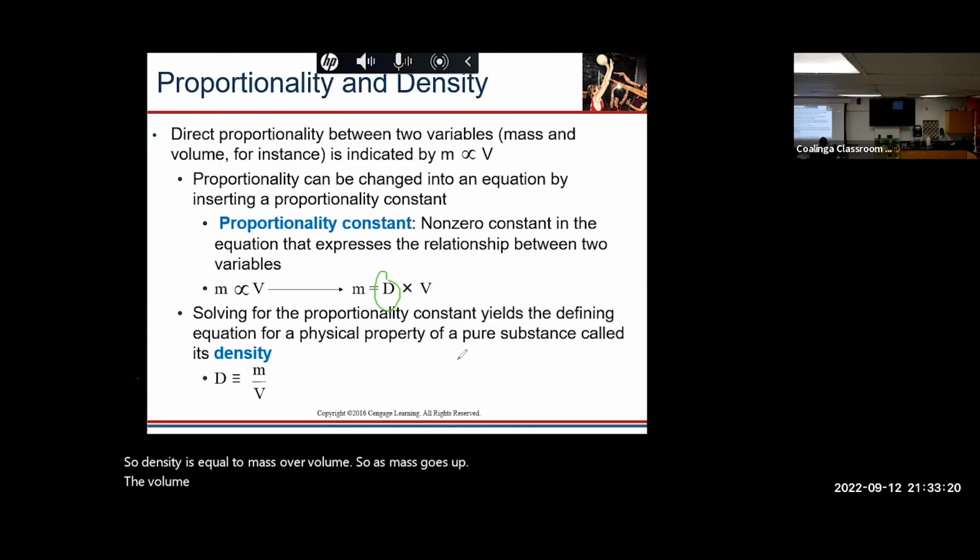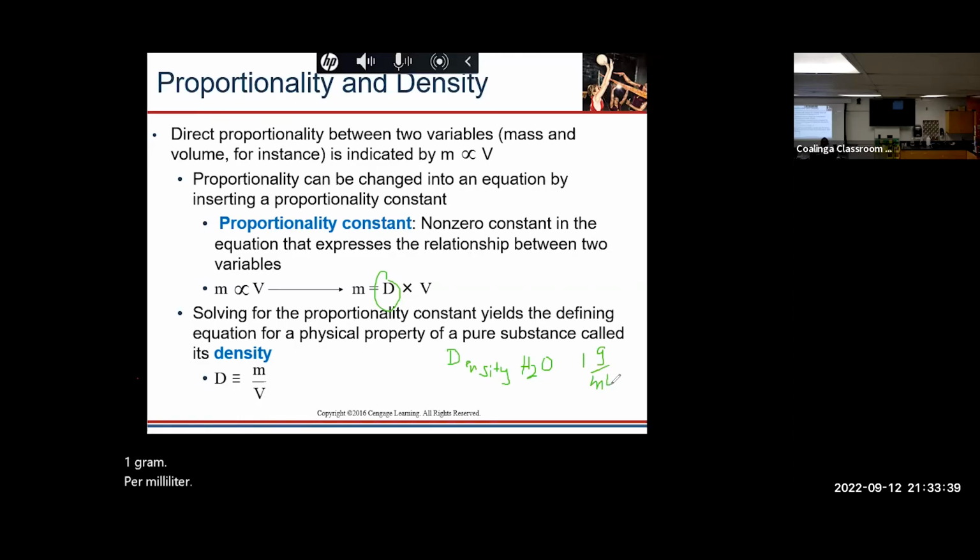Let me give you an example. The density of water is 1 gram per milliliter.